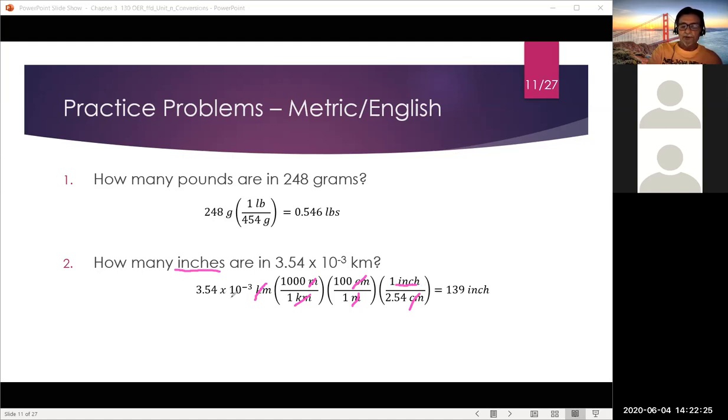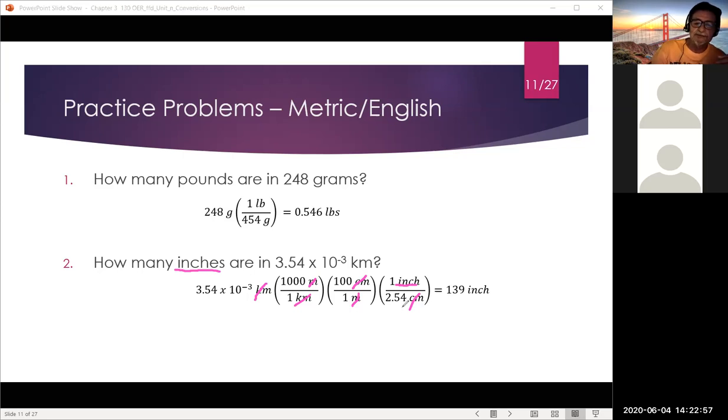3.54 times 10 to the negative third times 1,000 times 100 divided by 2.54. Now, I've been asked this question before as far as your calculator. Some people ask, if I take 3.54 and I multiply by 1,000 and then by 100, and then I write that numerator down, then I divide by 2.54, is that the correct way to do this on my calculator?